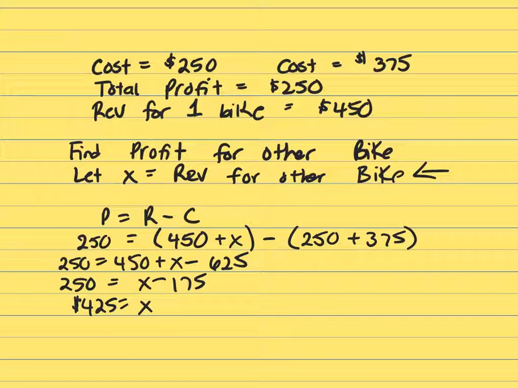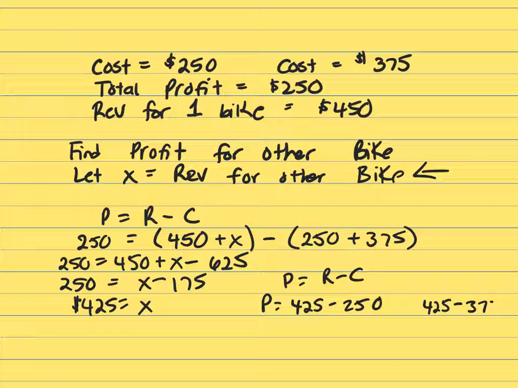So then we know that, once again, profit equals revenue minus cost. We're trying to find the profit for the other bike. So my profit then will equal revenue, which we just found to be $425, minus $250, or $425 minus $375.